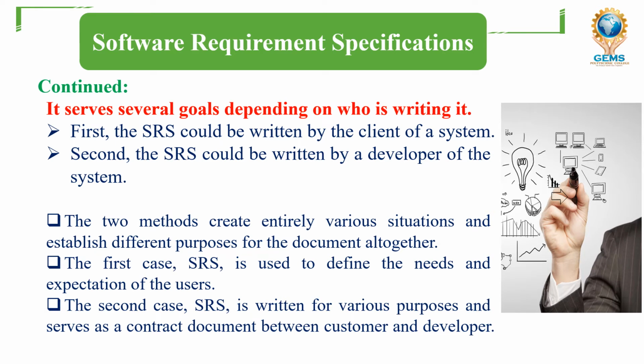So first, the software requirement specification can be written by the client of the system, or second, the software requirement specification can be written by the developer of the system. So we have two possibilities. The client can write the SRS, or the developer can write the SRS.